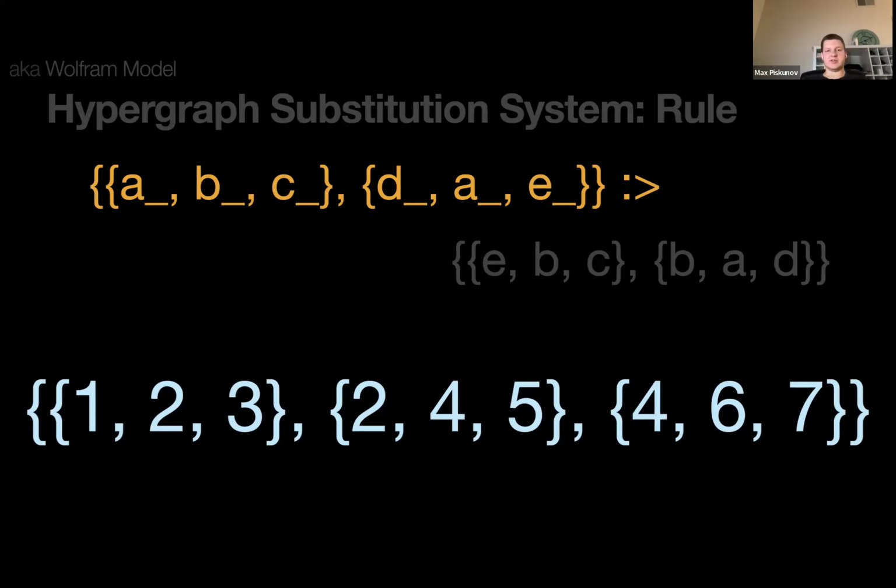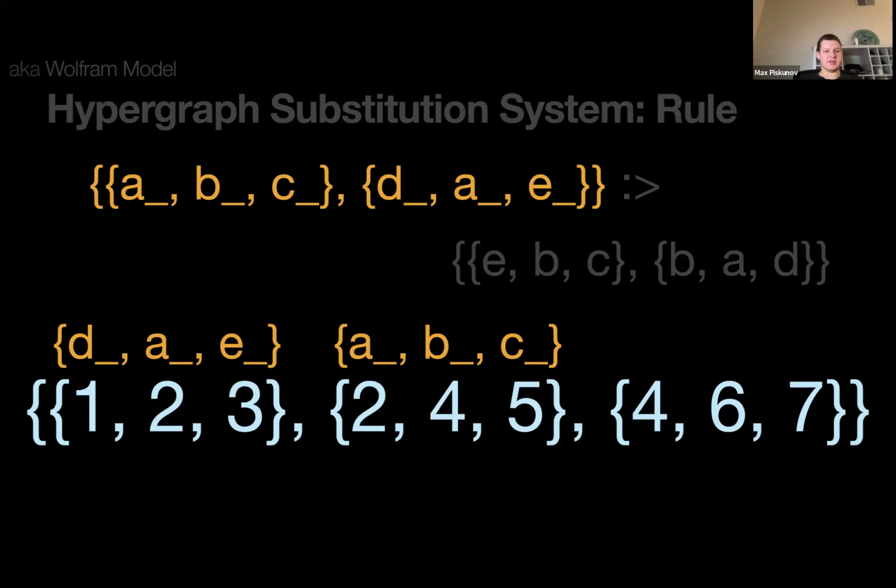And the only non-trivial thing about this left-hand side pattern is that some of the patterns can be the same. So for example, here, the pattern A is the same, which means the first atom in the first input hyperedge should be the same as the second atom in the second one.